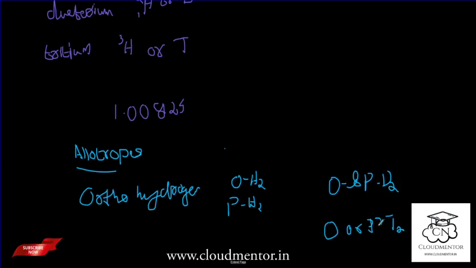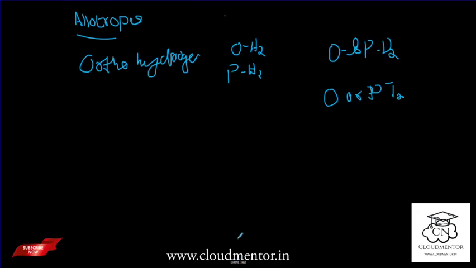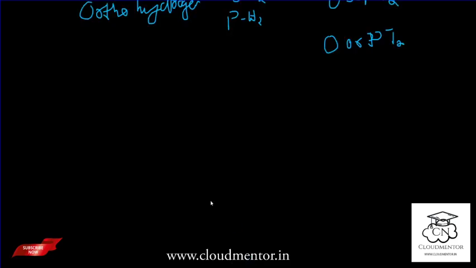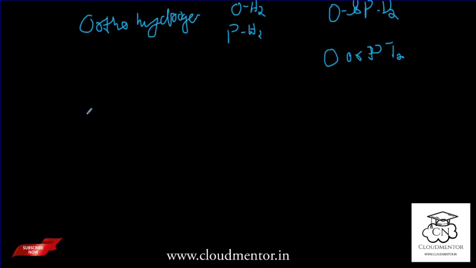They are diatomic, and the ortho isomers show parallel spins while para isomers show opposite or anti-parallel spins of protons. What do you mean by the spin? I can draw that.